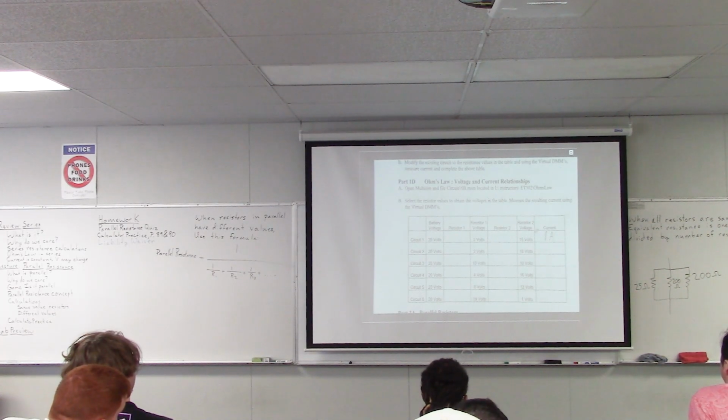If we have 1 amp and we know that we have a voltage across a resistor of 15 volts, then we can use Ohm's law to figure out what that resistor value should be.